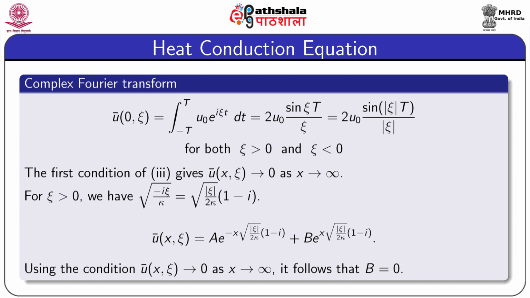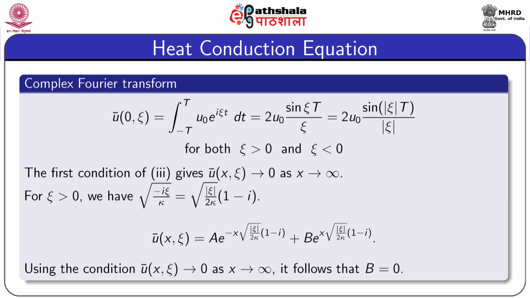Now, using the condition ū(ξ) tends to 0 as x tends to infinity, it follows that B is equal to 0, because in this expression of ū, if B is there, then ū will tend to infinity because of this term.